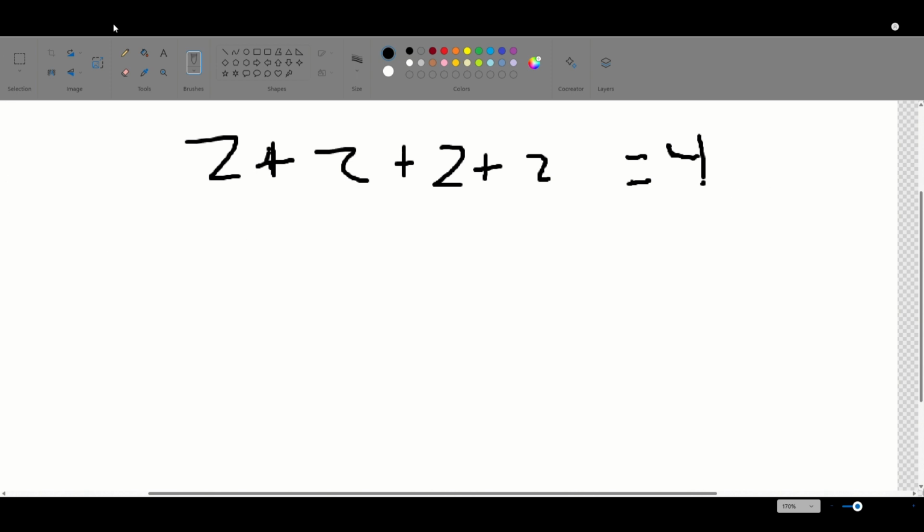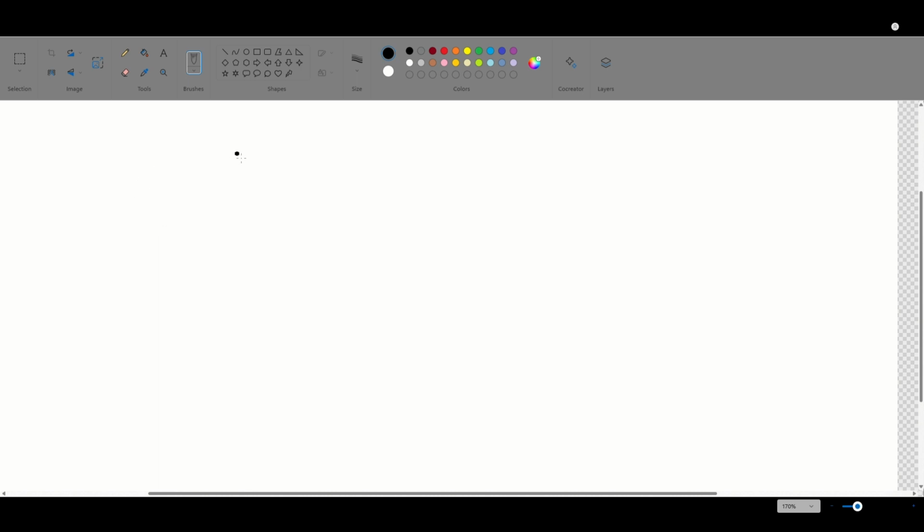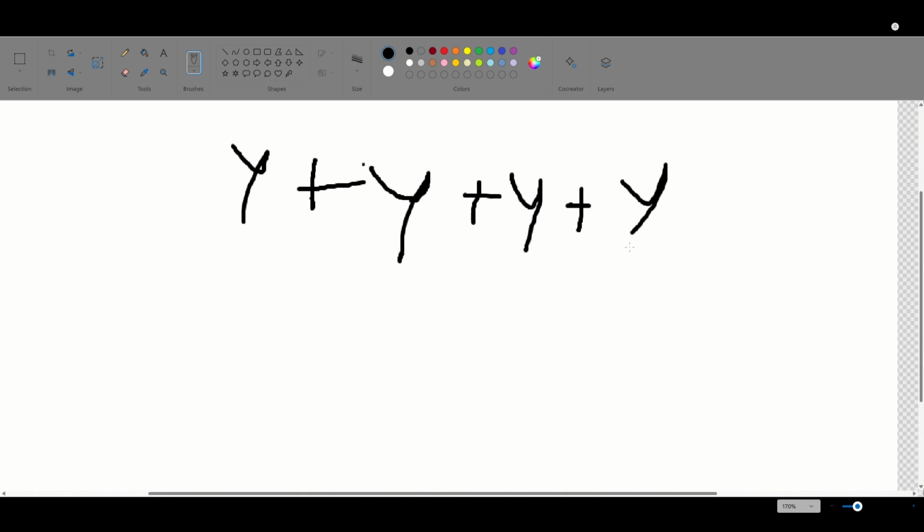And the same thing for algebra. Do y plus y plus y plus y equals 4y, 4 times y.